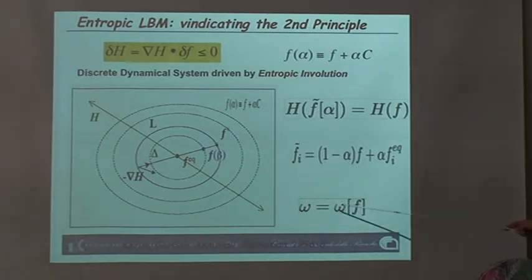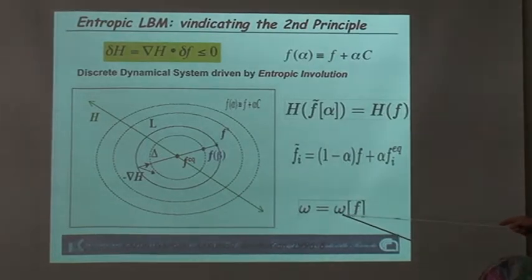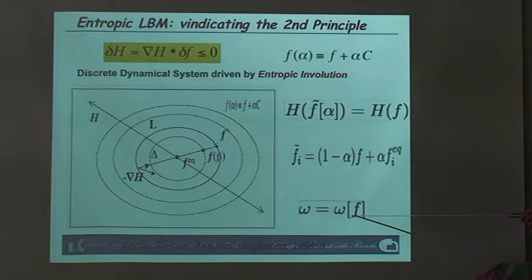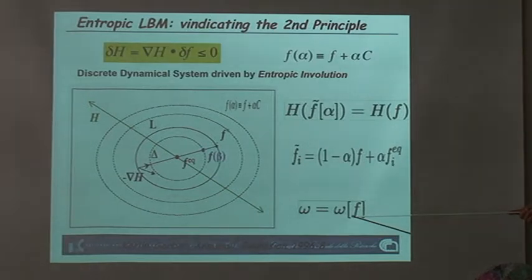Formally, this is just like adjusting omega every time and every lattice site, a sort of turbulence model in a way. It is not a turbulence model. It's a way of correcting your local viscosity in such a way that you are never unstable.